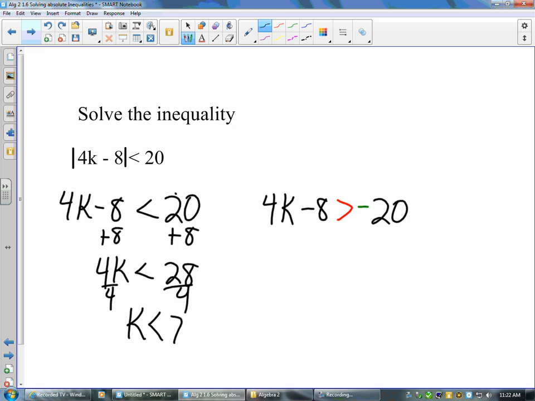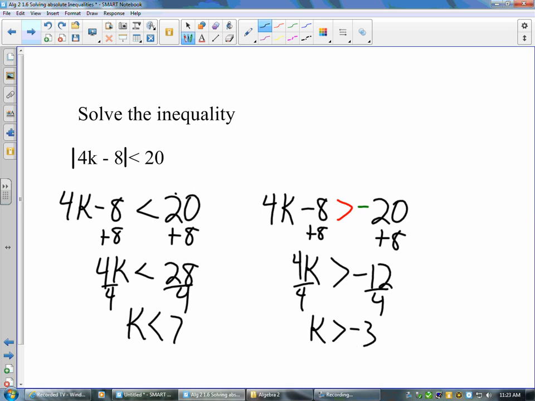On this side, we'll do the exact same thing. Plus 8, we'll have 4k is greater than, and now this one will be -12. Divide by 4, k will be greater than -3.